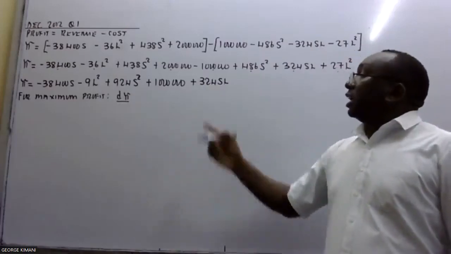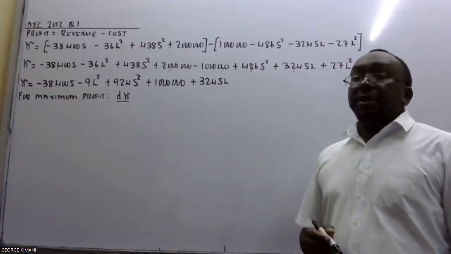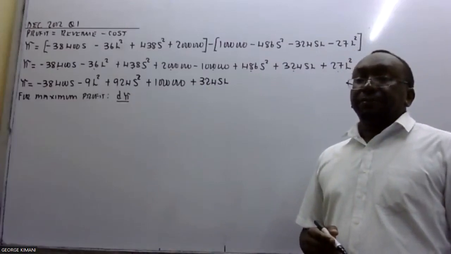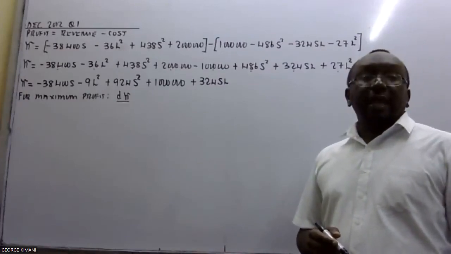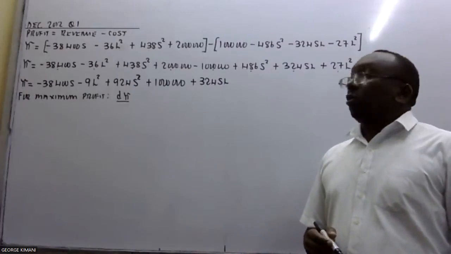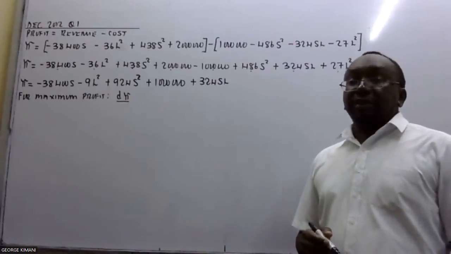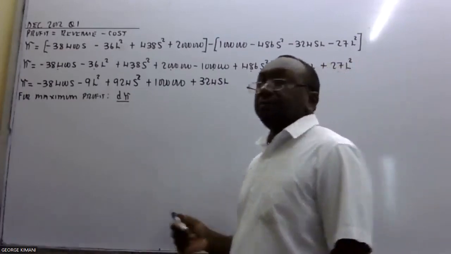This function has how many independent variables? 2, S and L. So that brings us to what we called partial differentials. So this is a case of partials.